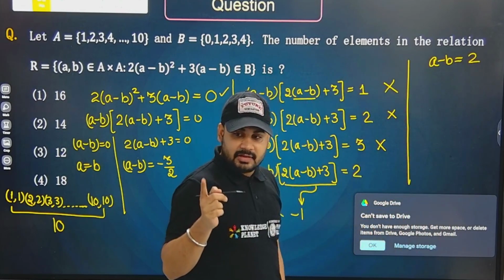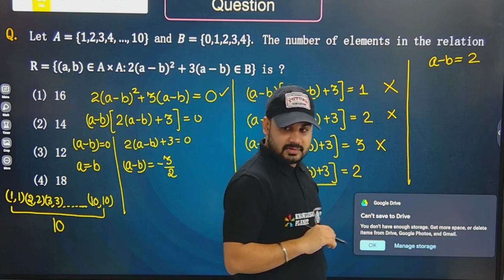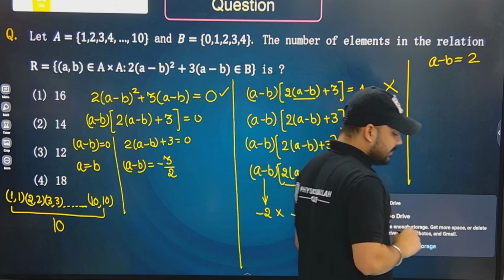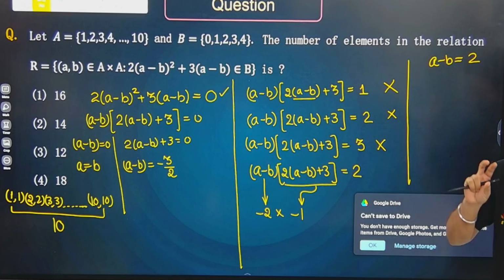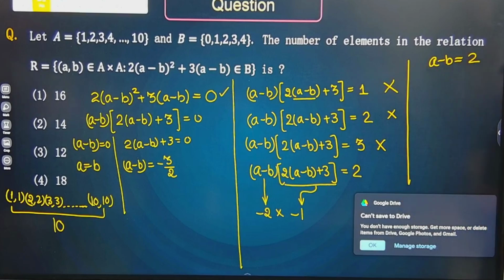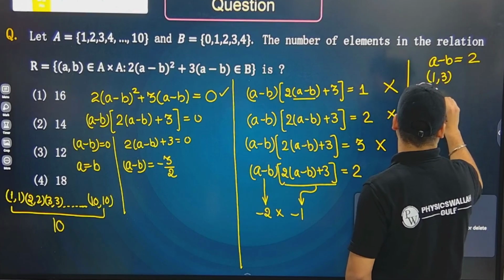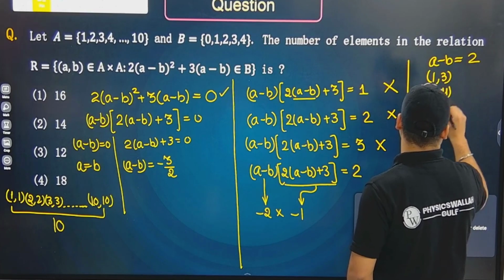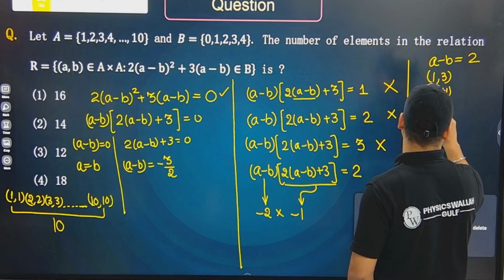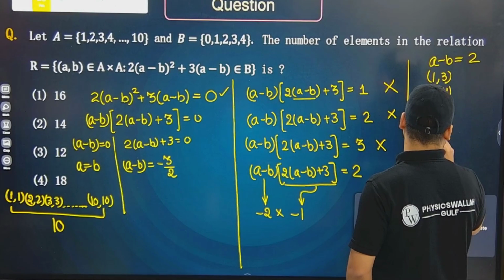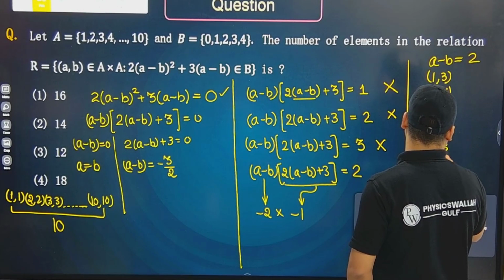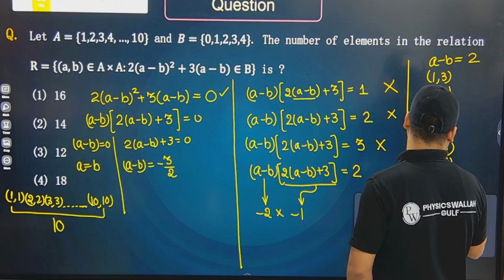Like Yuvantika, you have written 4 out of them. So can you tell me those ordered pairs where we can find the gap of 2, starting from 1, comma 3, then 2, comma 4, then 3, comma 5, then 4, comma 6, then 5, comma 7, 6, comma 8, 7, comma 9, and 8, comma 10.